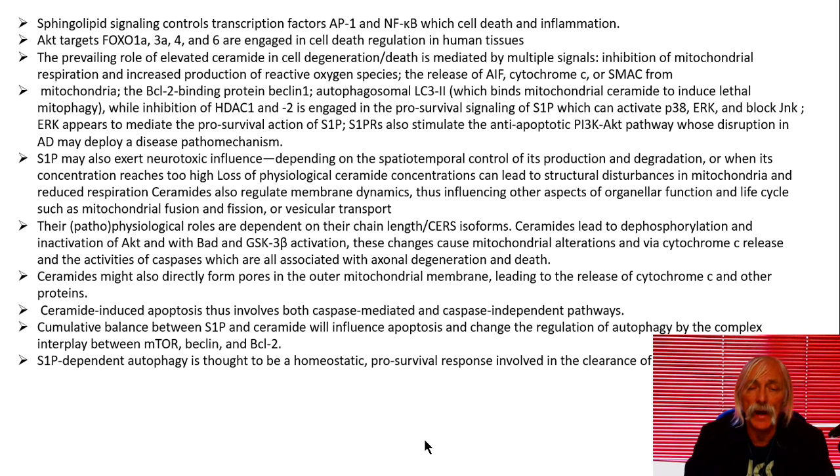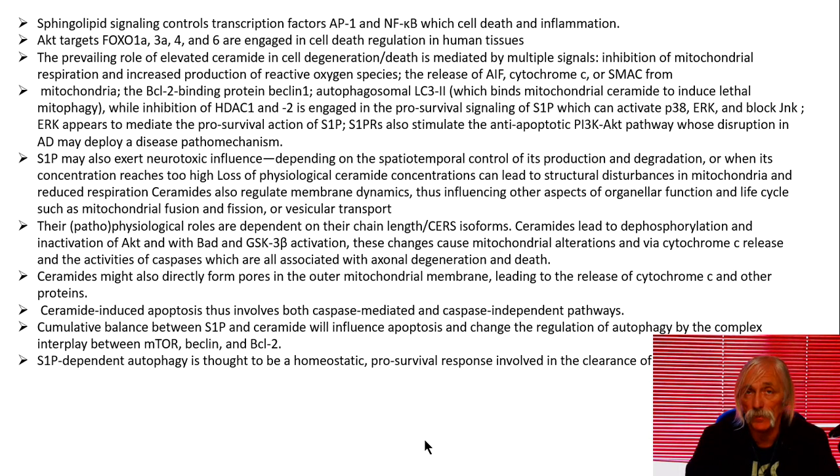Meanwhile, inhibition of the HDACs, histone deacetylase 1 and 2, is engaged in the pro-survival signaling of sphingosine 1-phosphate. So you're inhibiting the deacetylase, which means you're leaving histones acetylated, which means you're enhancing transcription and therefore protein synthesis down the road, leading to an entire legion of proteins that are there to repair, recombine, and otherwise fix all the macromolecular structures so that the cell survives.